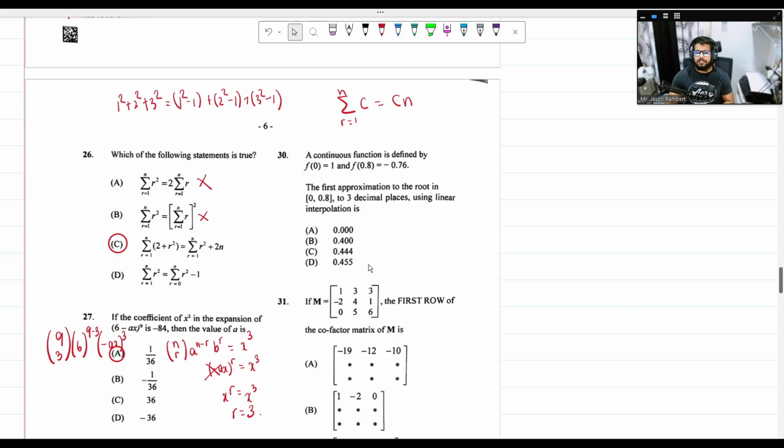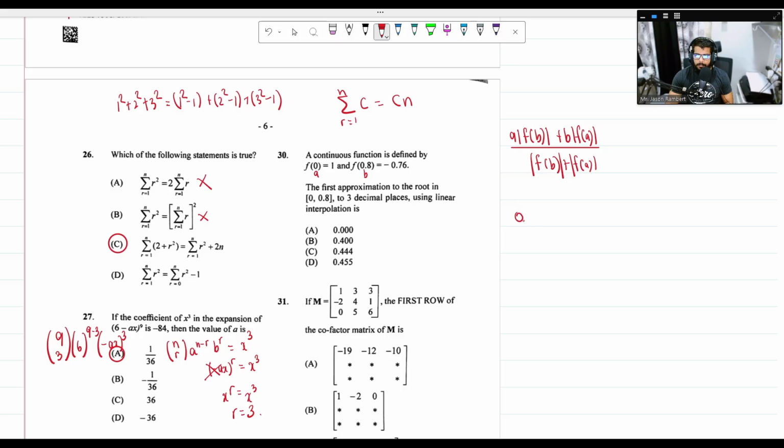So linear interpolation is going to be a modulus f of b plus b modulus f of a over modulus f of b plus modulus f of a. So this is a, this is b, we've got to take the modulus of those two things there, right?